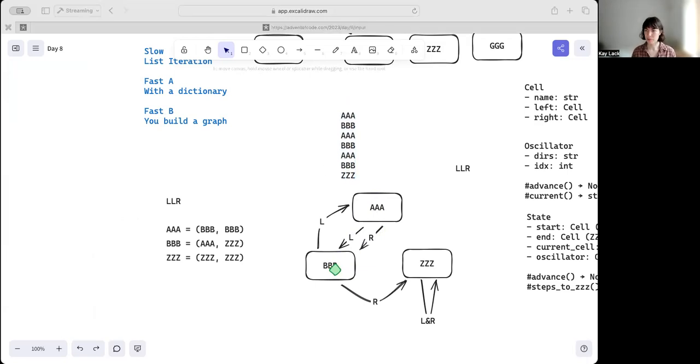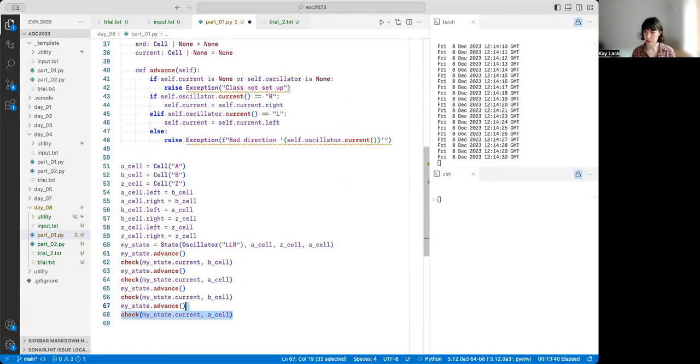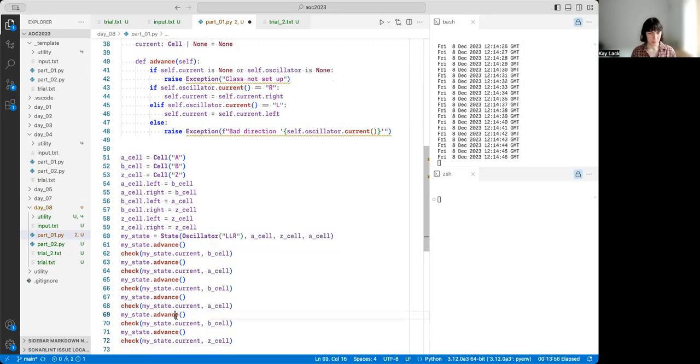So starting off at A, then B, A, B. Sorry, switching back to my code. A, yeah, B, A, B, A, B, Z.